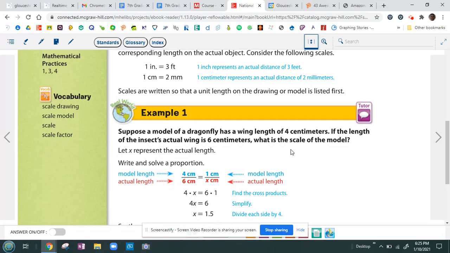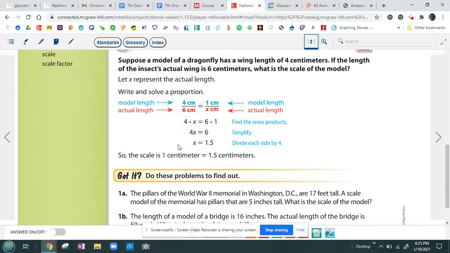All right, let's talk about these dragonfly models. We have a dragonfly model that has a wing length of 4 centimeters. If the length of the insect's actual wing is 6 centimeters, what is the scale of the model? So we're trying to find the scale. We're essentially simplifying this down so that the model length is 1.